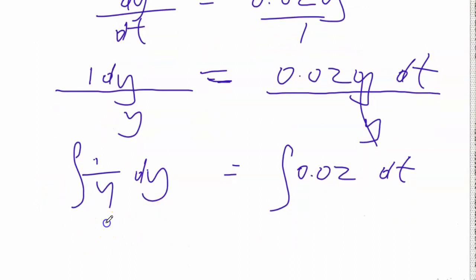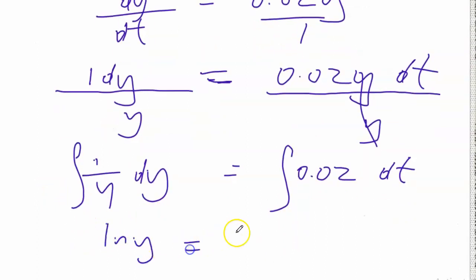Integrate 1 over y, that's log y. Integrate 0.02 with respect to t, that's 0.02t, plus a constant.